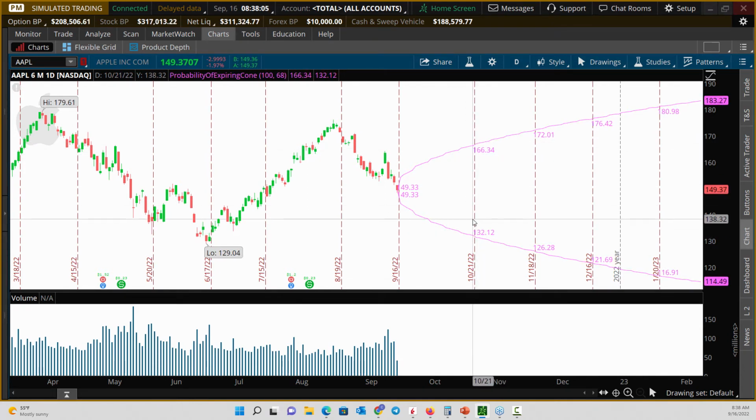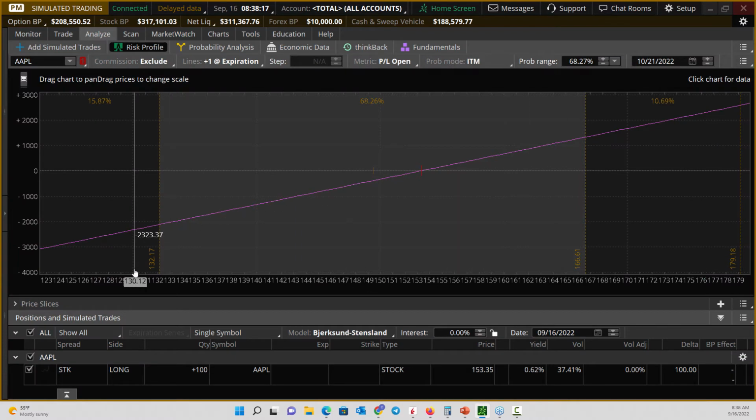Now, it's changing moment by moment, right, as the stock is moving, but it's not changing much. It's basically the exact same number here as what you see right here. It's showing you the same thing, just a little different format. Here it's got the prices down here and it's got this shaded area.